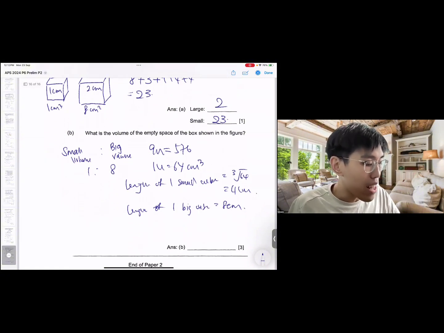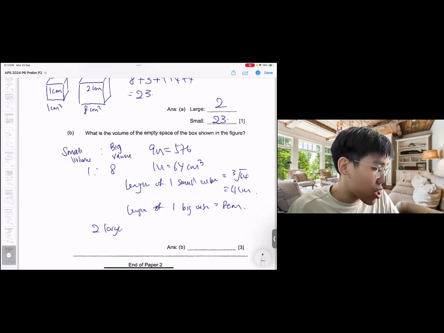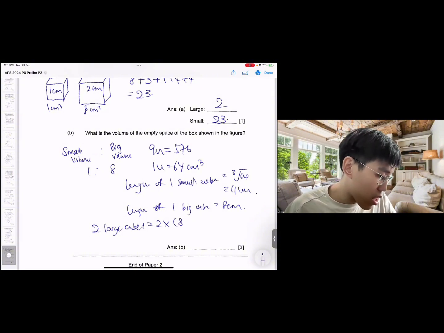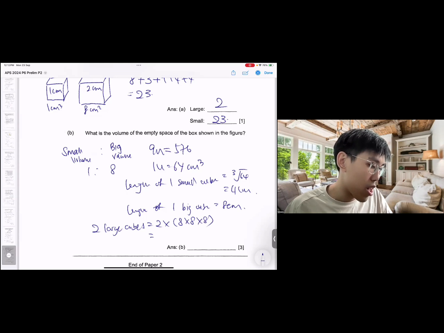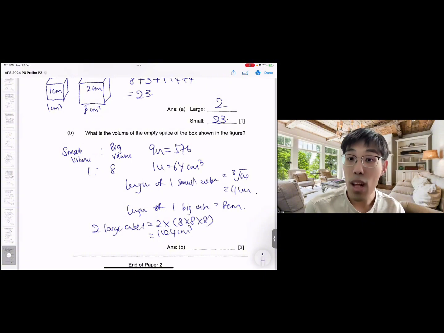We've got two large cubes, which will be 2 times how many? 8 times 8 times 8, which is 1024 cm cubed. That's the 2 large cubes.